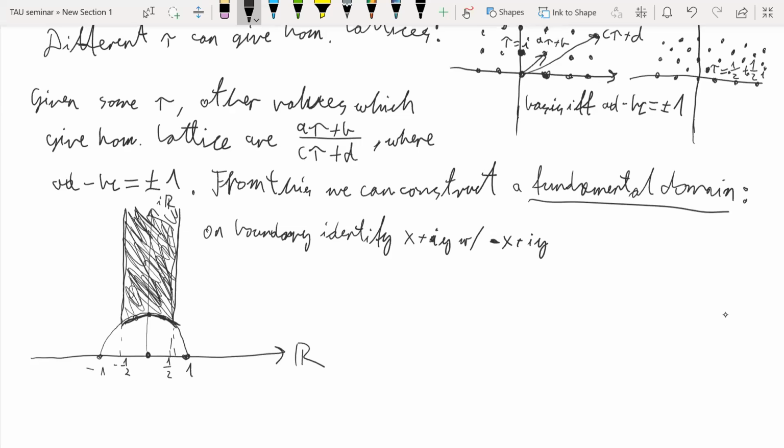Okay, so as I was saying, this glued space is going to look like a cylinder, but we can also think about unfolding this cylinder. So I am going to say that this glued space is homeomorphic to a plane.